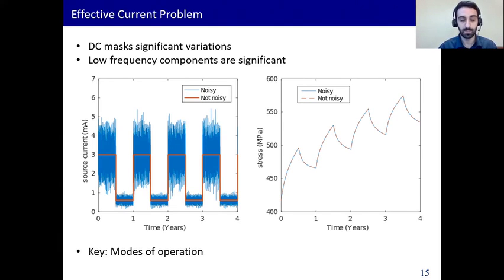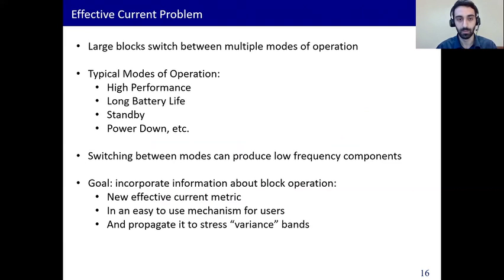Simply using a DC current as effective current would mask significant variations, and it in fact leads to optimistic lifetime estimates of the grid. Our goal is to capture the variations in the stress profile by a variance band around some mean stress response. And the key to capture low frequency components is to consider modes of operation.